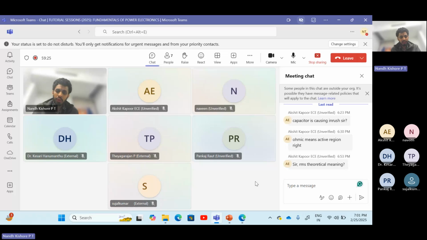Now let's say that the current through the resistor is not a pure DC. Let's say it has a sinusoidal nature, such that it can vary from 0 to some 8 amperes, then it goes to 0 again, and then it goes to -8 and 0. Let's say for instance it's sinusoidal.